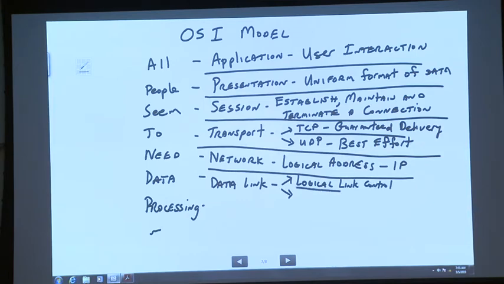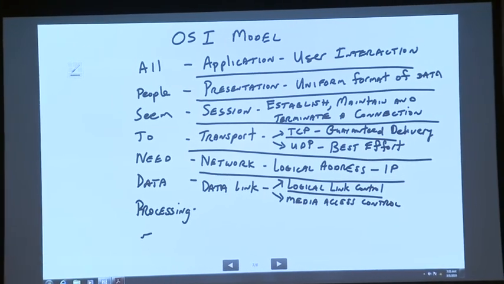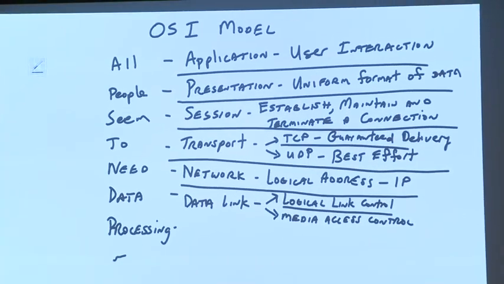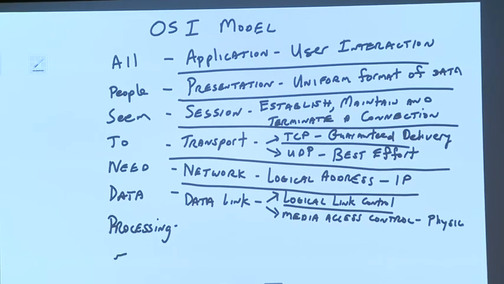And we have the MAC, which is the media access control. Which, if you look at those three letters, MAC, that is your MAC address or the physical address. So this is your physical address or your MAC address. Okay.